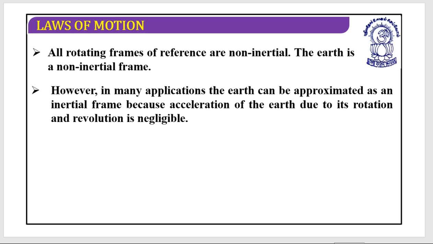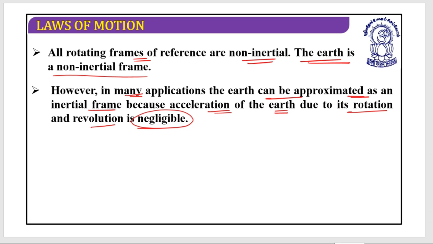Now, all rotating frames of reference are non-inertial. Even the earth is considered a non-inertial frame of reference. However, in many applications, the earth can be approximated as an inertial frame because the acceleration of the earth due to its rotation and revolution is negligible.